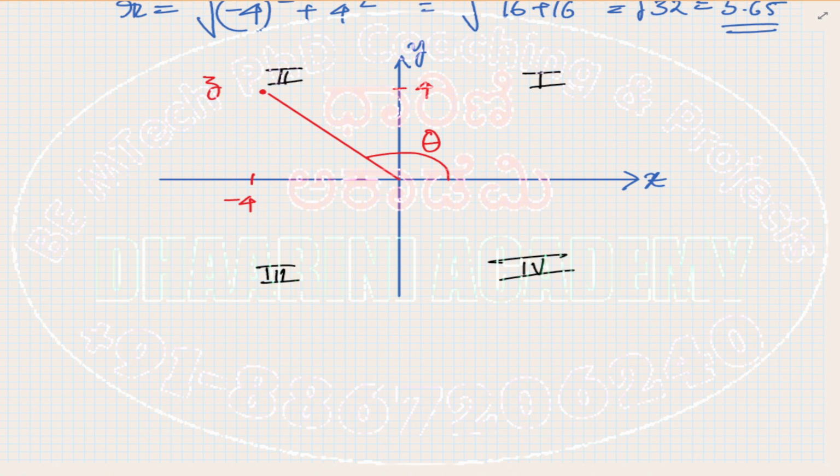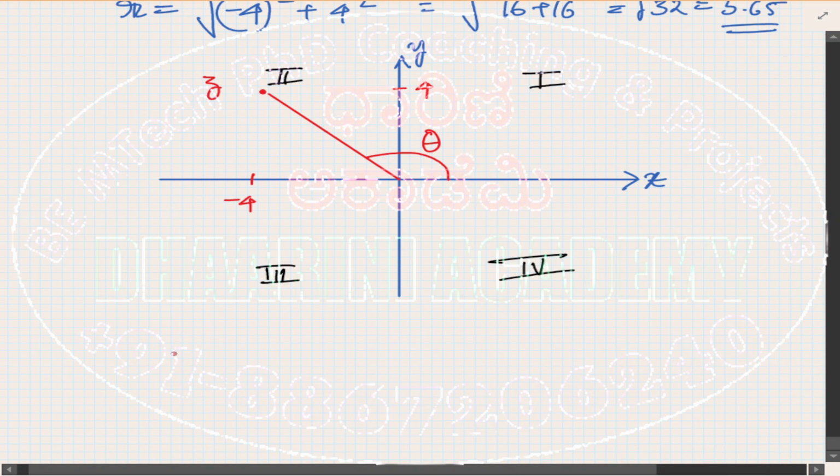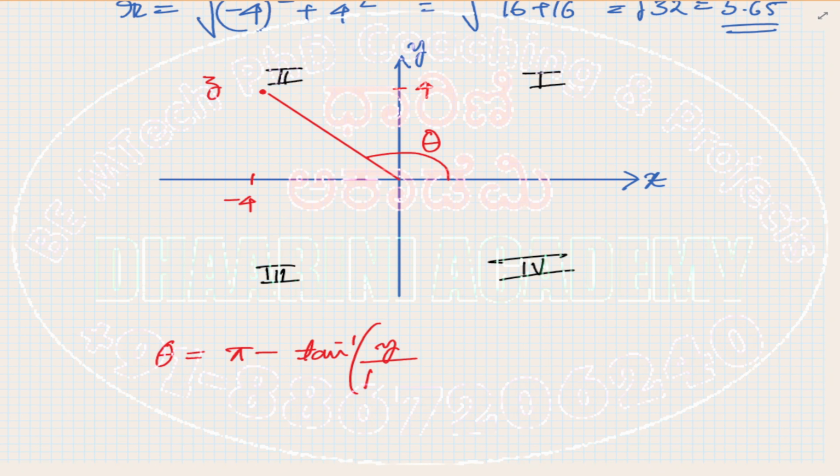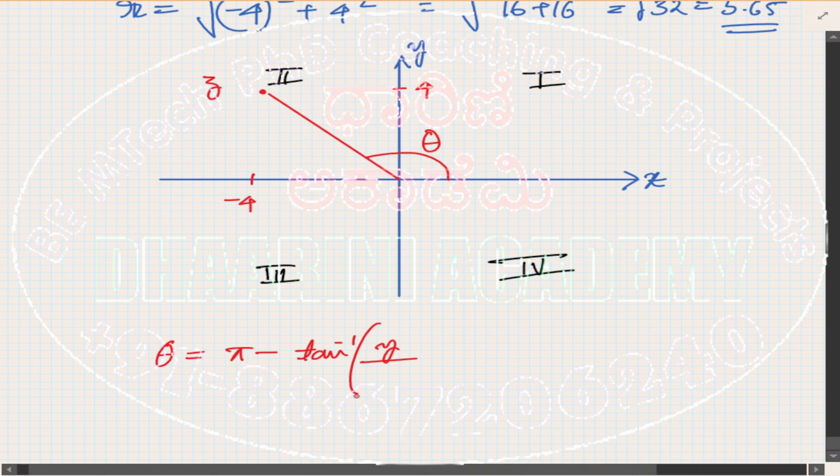In this case, remember, only corresponding to this particular problem, theta is equal to pi minus, pi is 180, 180 minus tan inverse of the magnitude of y by x. Whether y is positive or negative, I don't need the sign. You can simply take the magnitude of y by x, correct?